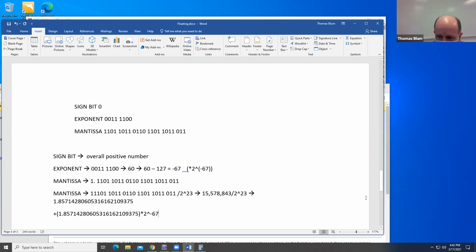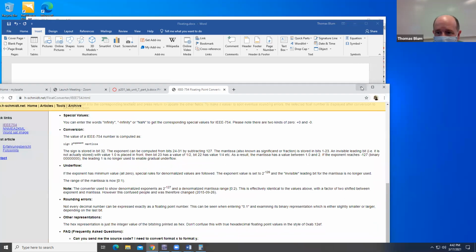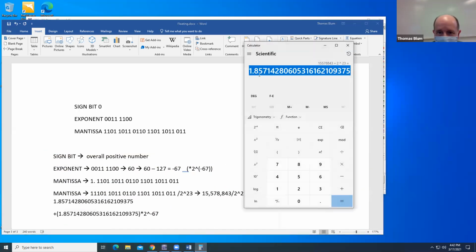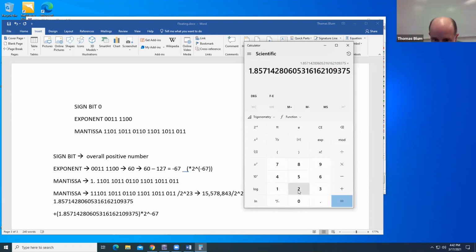Okay, so I still have in my calculator the one, yada, yada, yada. I'm going to multiply by 2 to the minus 67, or if I want, I can divide by 2 to the 67 if you prefer positive powers. I'm going to multiply by 2 raised to the 67 and do a plus minus.